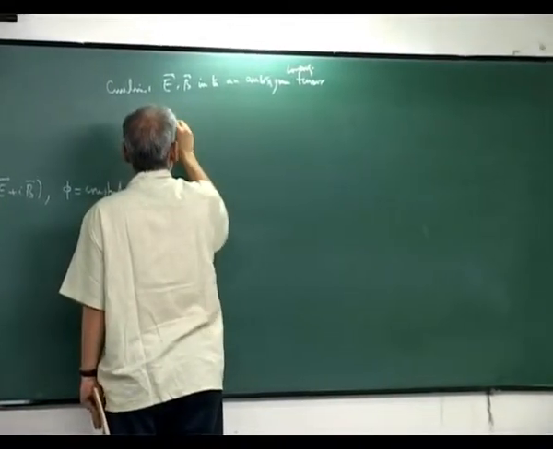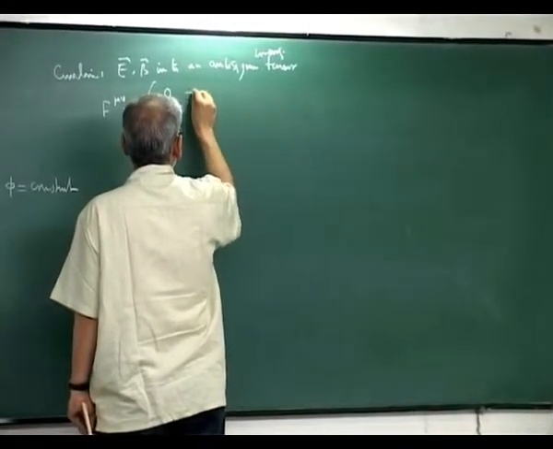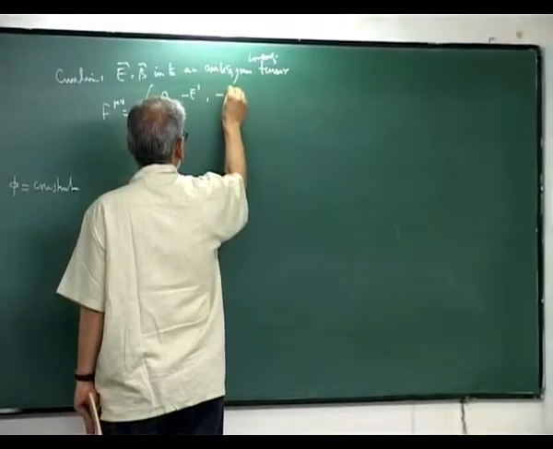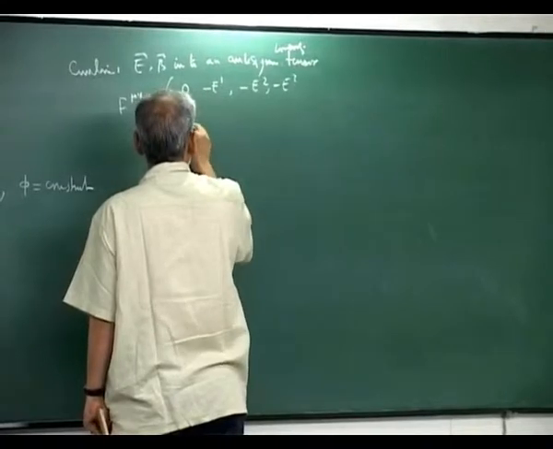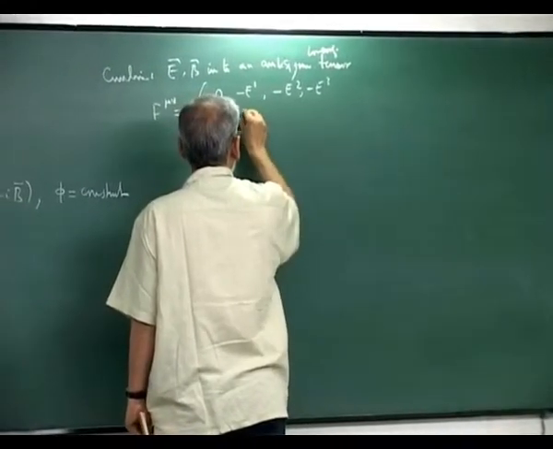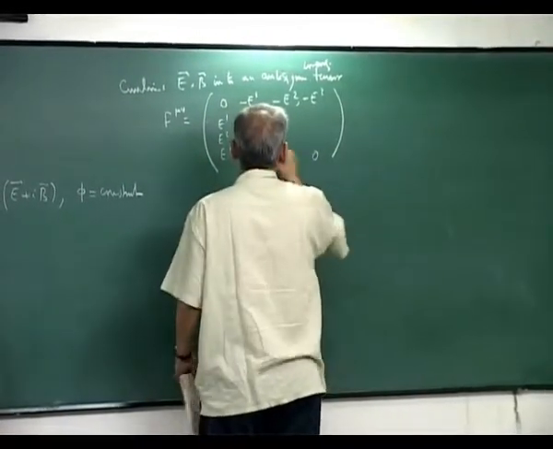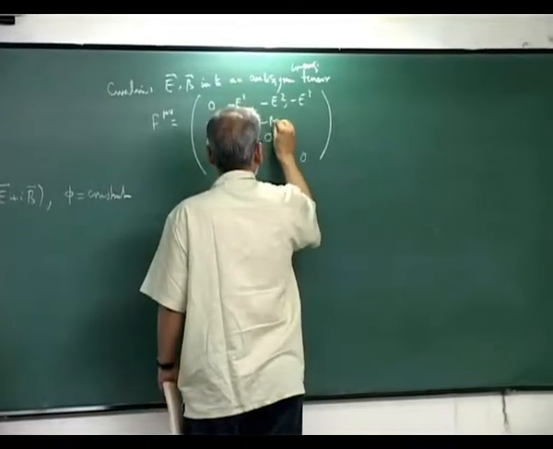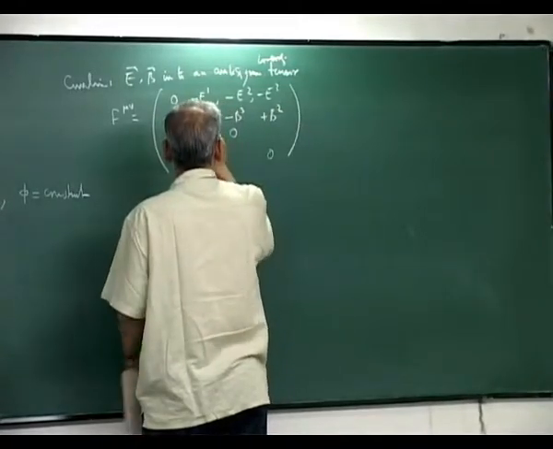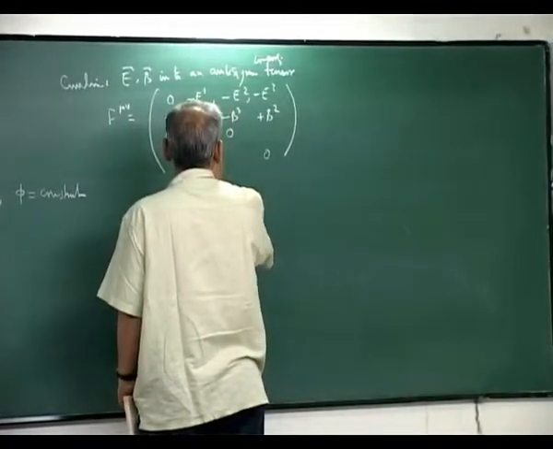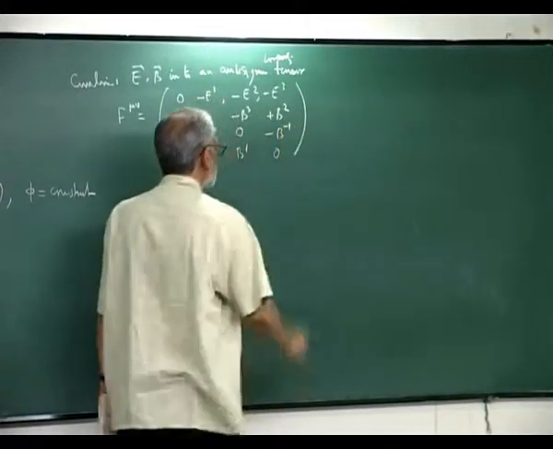F mu nu. In the matrix form, it is antisymmetric, so diagonal element is 0, electric field E1 component, E2 component, E3 component with signs as appropriate, diagonal elements 0, and this is minus B3, plus B2, plus B3, minus B2, B1, minus B1.